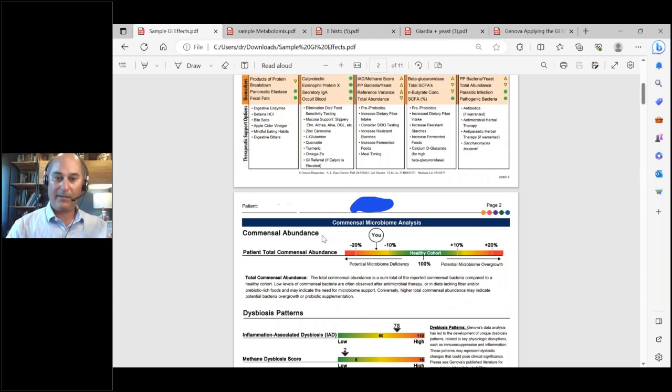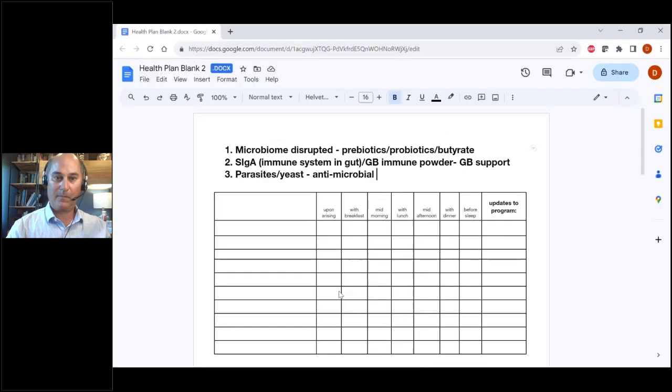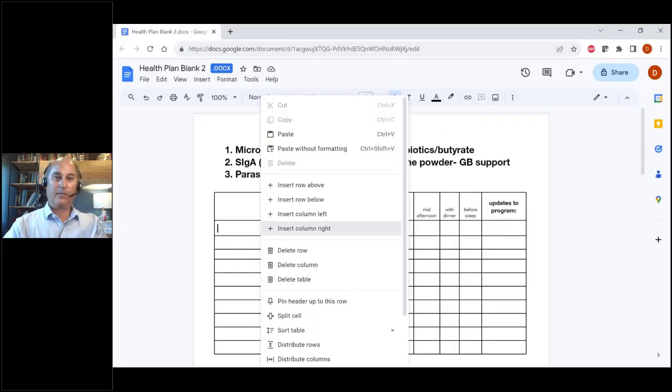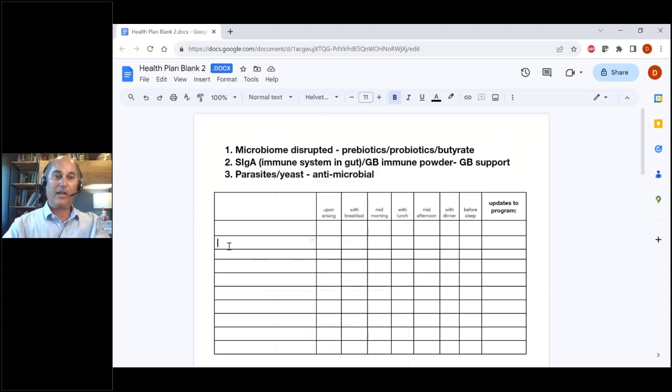Okay, so let's go back here. I'm going to wrap this up. So what are we going to do then? Well, now this person has all three problems. So we're going to use our butyrate. And I use it in the liquid form. It's done by the teaspoon. And then prebiotic powder.